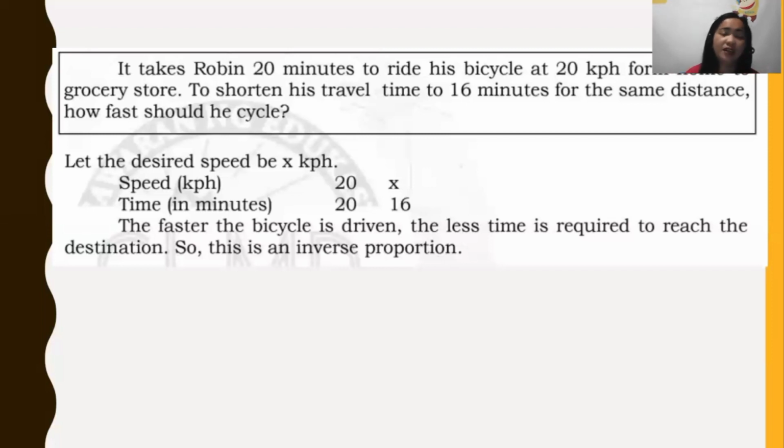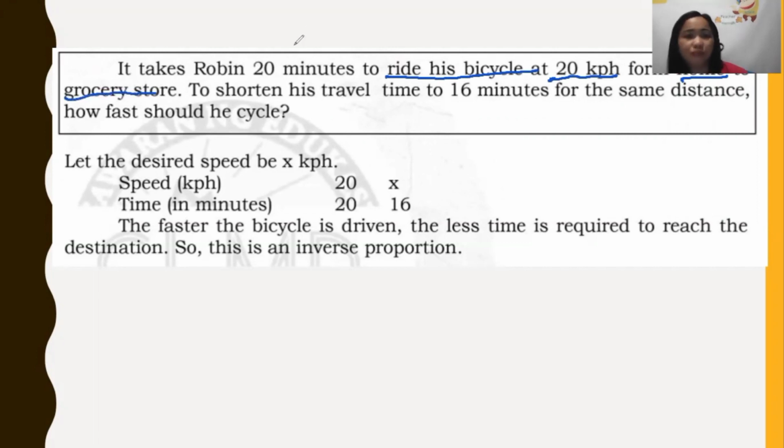Now here, yung problem natin dito, sabi, inaabot ng 20 minutes si Robin sa pagbabike. At ang kanyang speed ay 20 kilometers per hour. Galing sa bahay from home to grocery store.